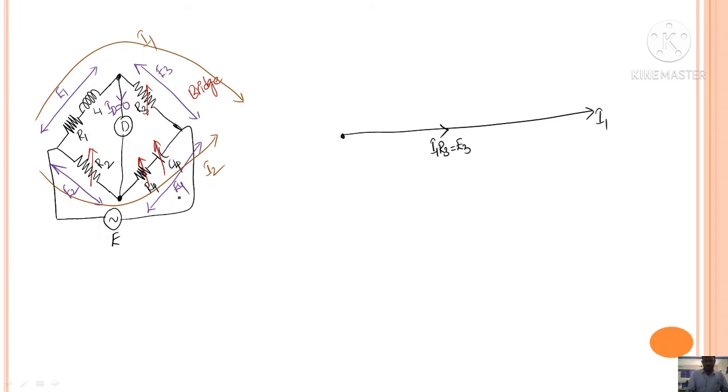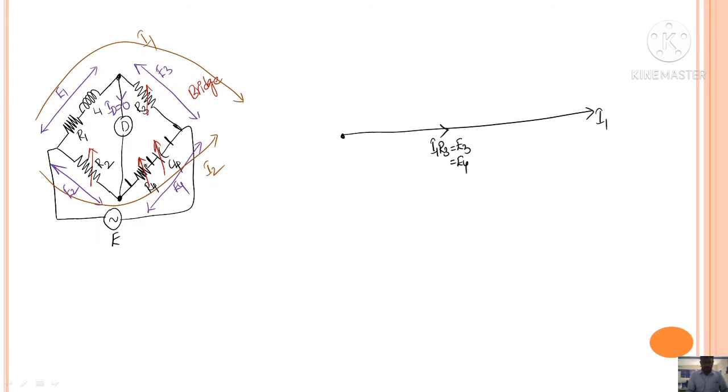Now E3 will become equal to E4. When E3 is equal to E4, I can write here itself E4. But E4 is the summation of two voltages. One is the voltage across the resistance and the other is the voltage across the capacitance. Is it right or not? Now, what is the voltage across the resistance? It is I2 into R4.